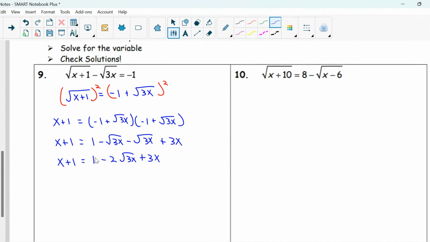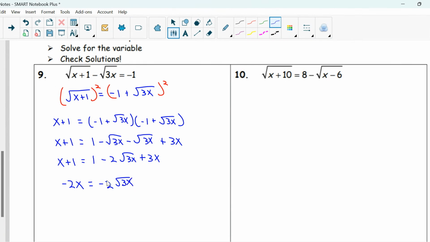So I'm going to start by subtracting 1 to my left side and subtracting my 3x to my left side as well. So subtracting my 1, 1s are going to cancel. X minus 3x gives me negative 2x equals negative 2 times the square root of 3x.